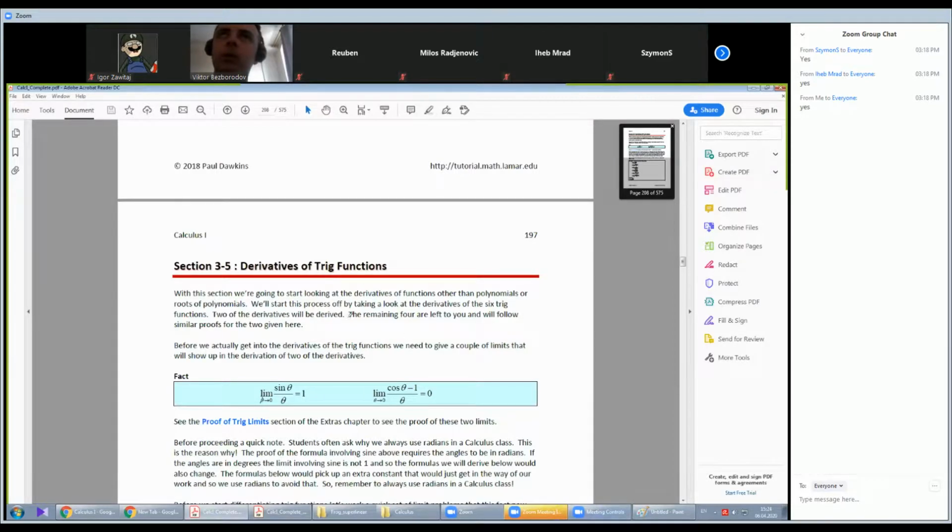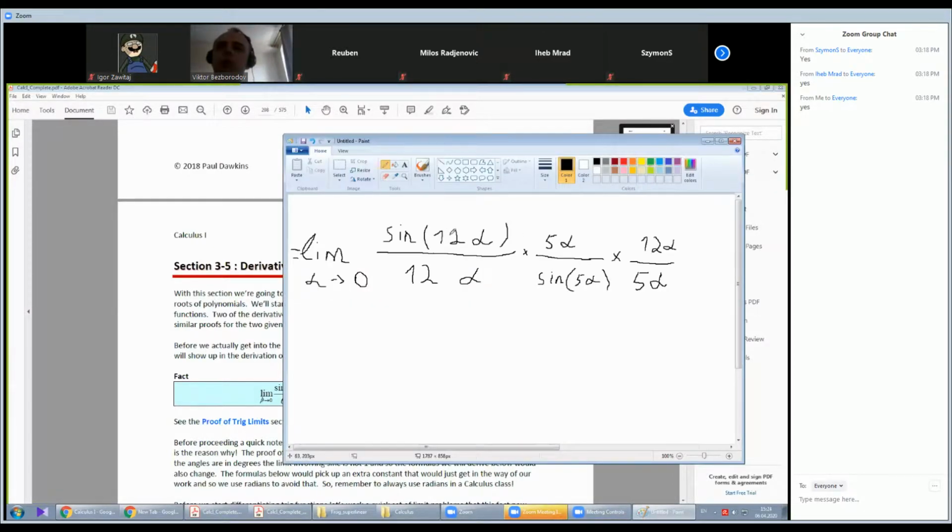Alpha goes to 0, so 12 alpha also goes to 0, and therefore this fraction goes to 1. The same for this fraction, because 5 alpha goes to 0.